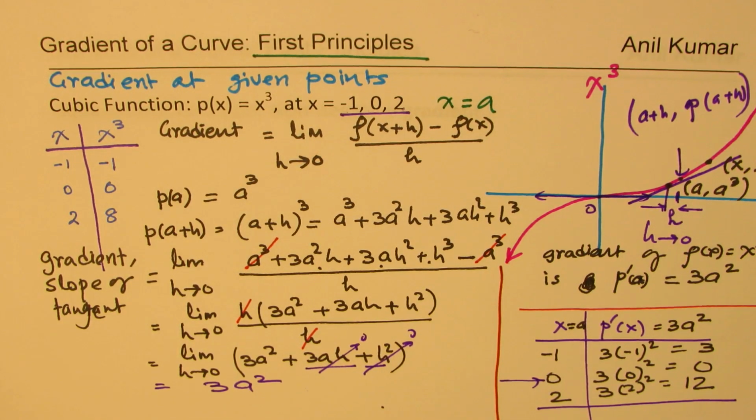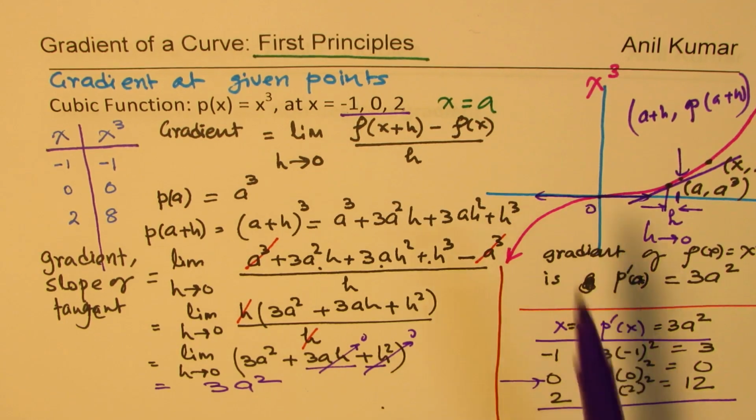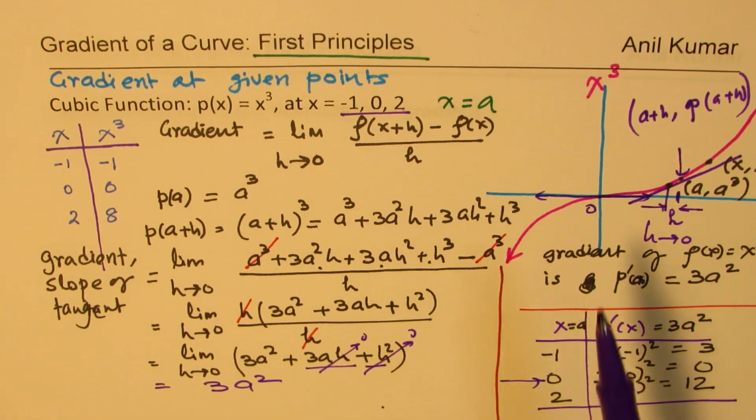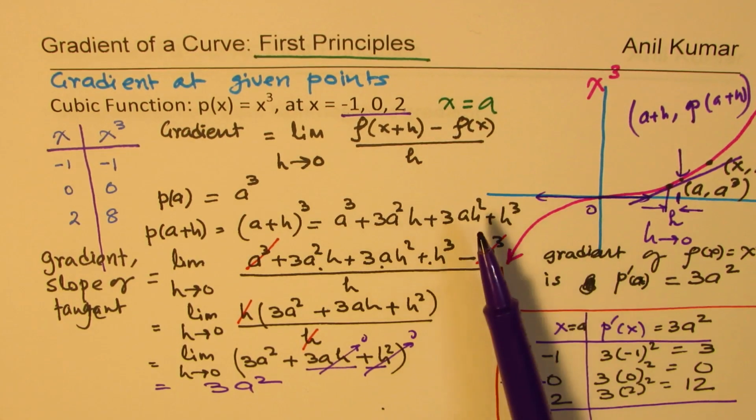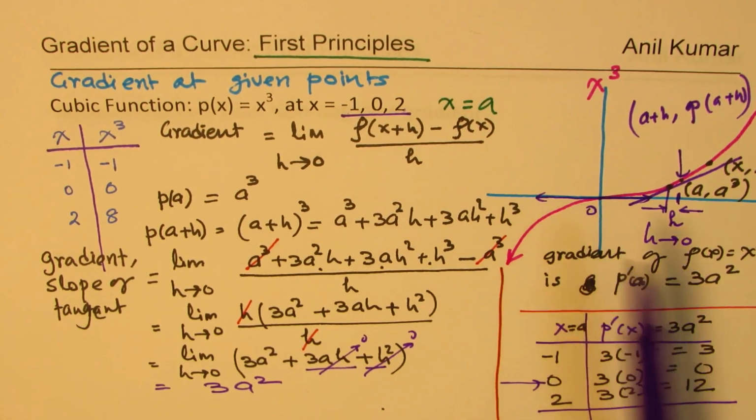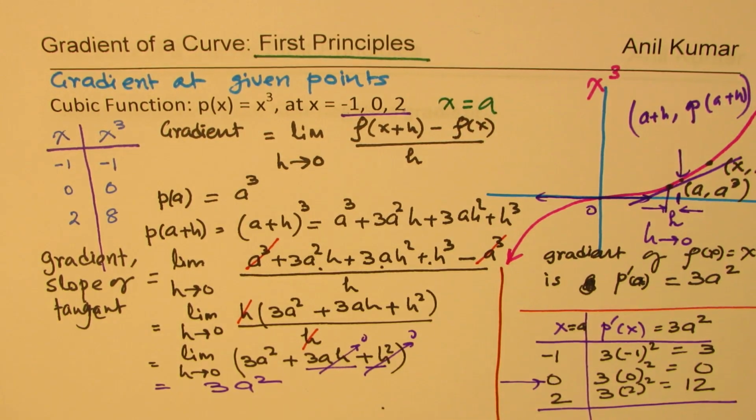Perfect? Right. So at the x-intercept, you notice that the tangent is horizontal. So these are different ways in which we can write our expression and understand them, since in questions we could be asking you in those ways, right? I hope that makes sense.